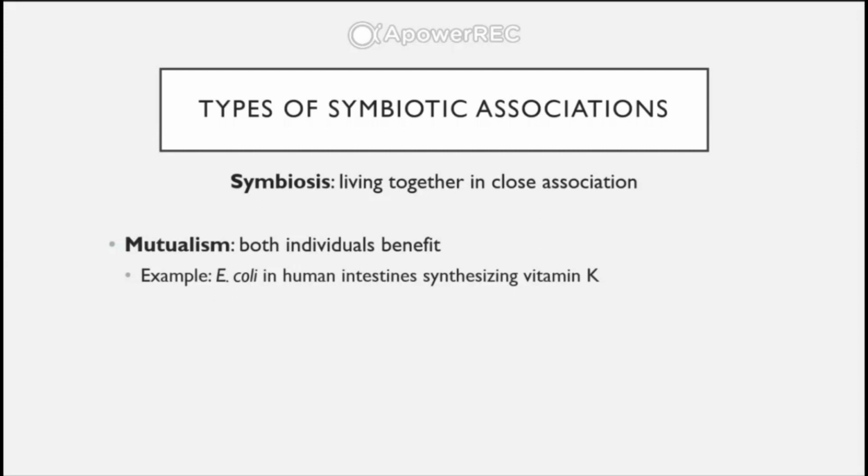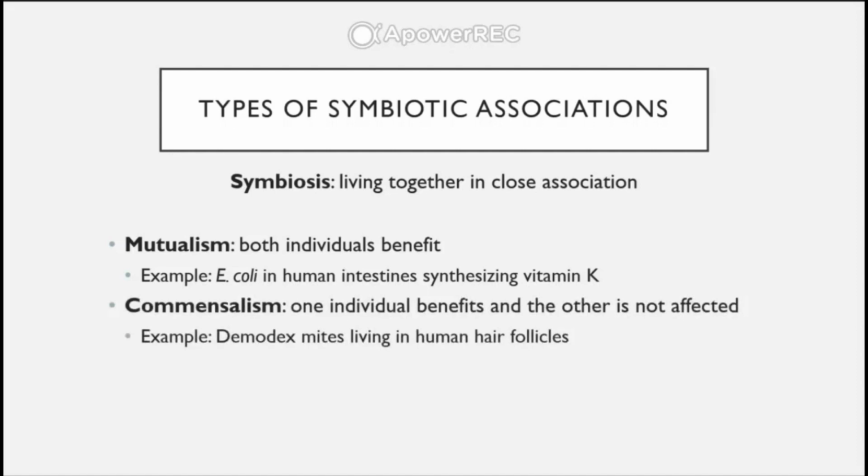It's when an interaction is beneficial to both individuals. An example of this is E. coli living in human intestines. The human intestines provide shelter, food, a stable environment, and in exchange, E. coli can provide important vitamins like vitamin K.